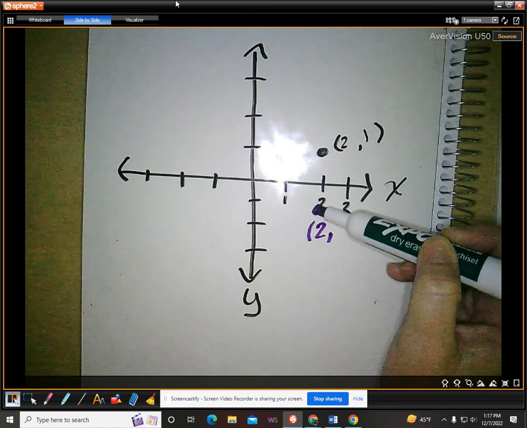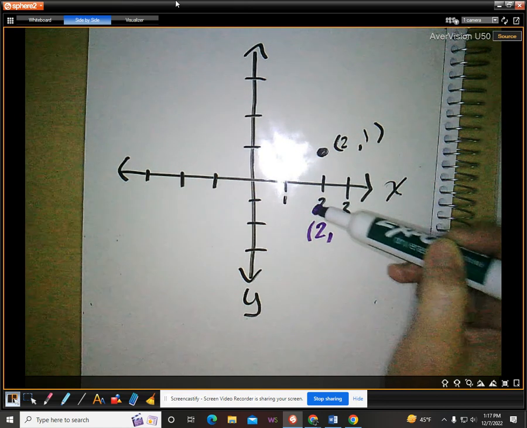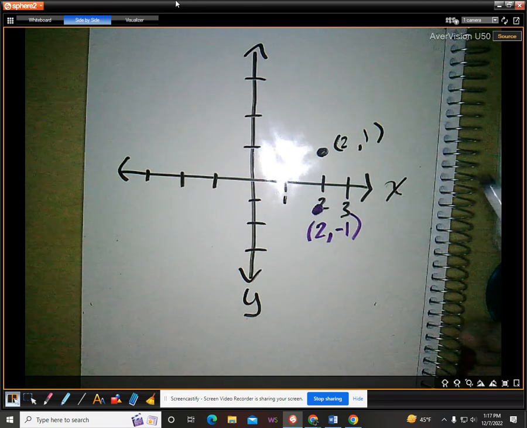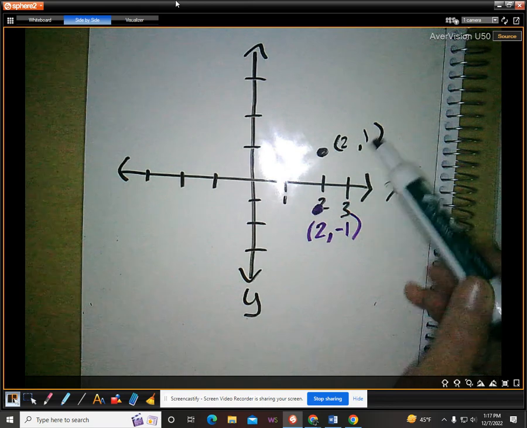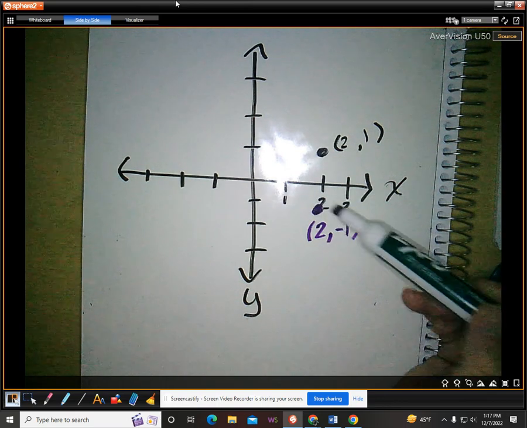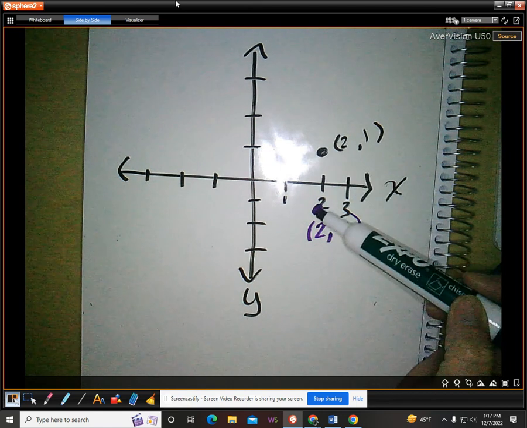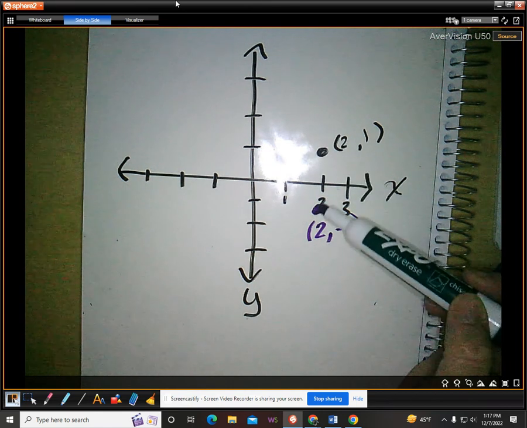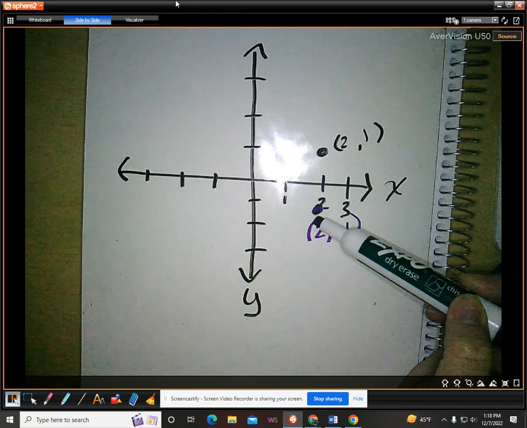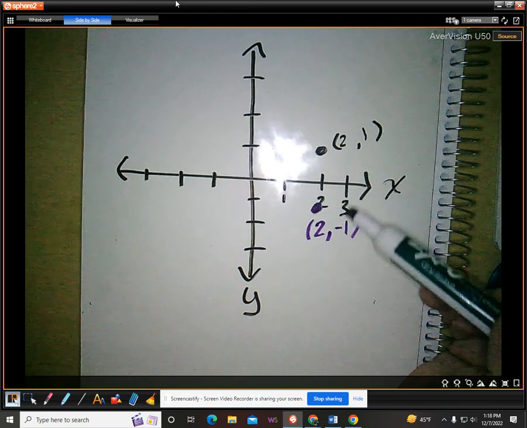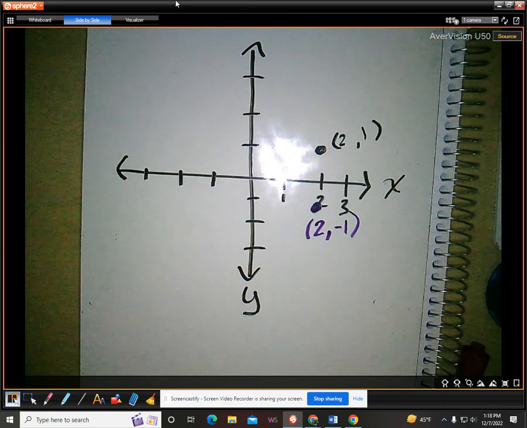What changed is the y value. The y value is exactly the opposite of what it was. So instead of being at 2, 1, it's now at 2, -1. It's just rolling down the x-axis. X stays the same. Y is the opposite. It's exactly what I wrote for you.